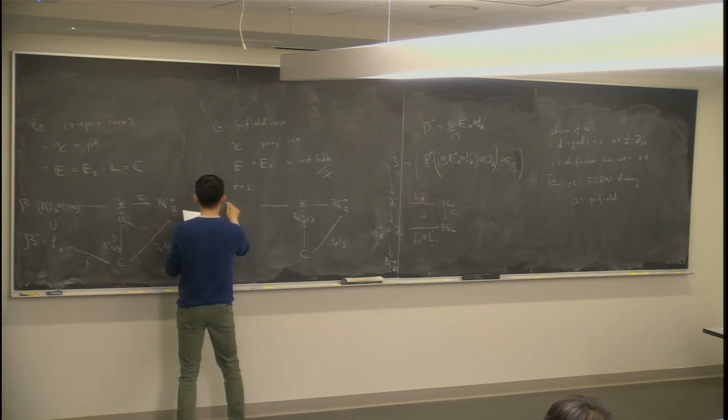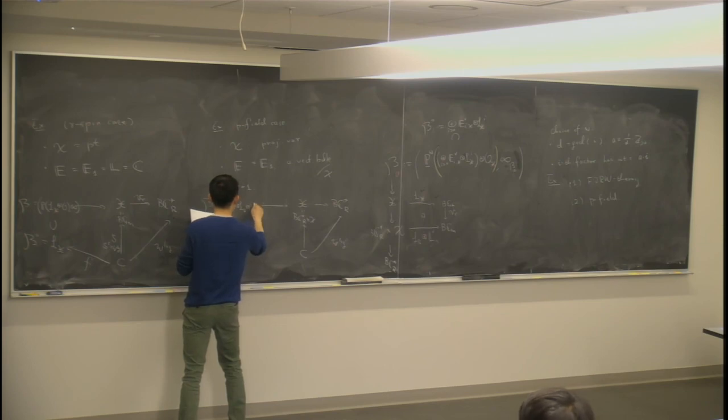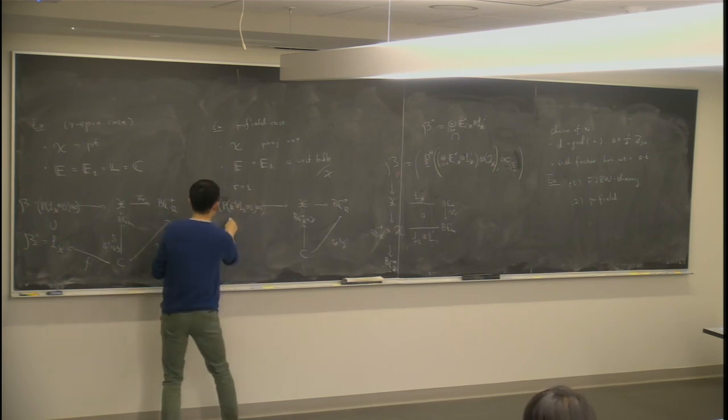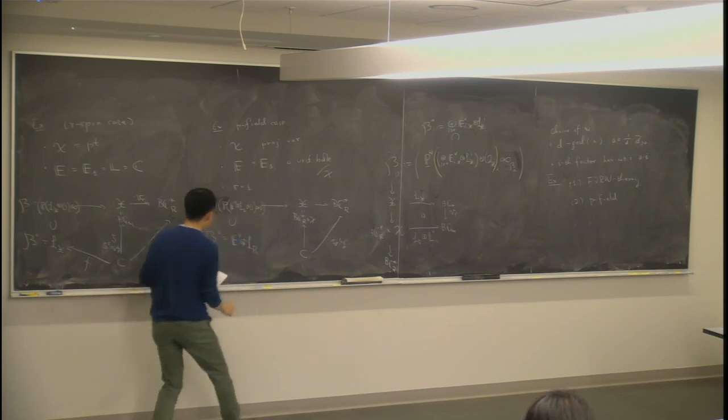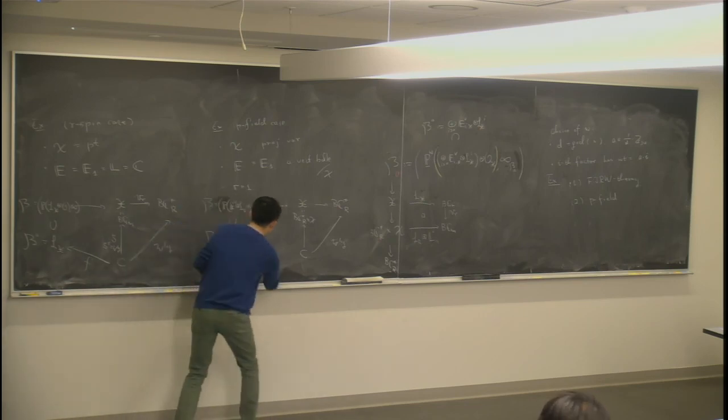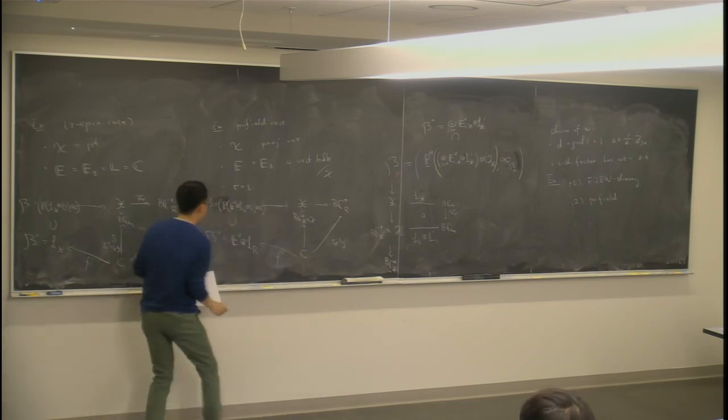And above this, what do I get? I get this one, E dual tensor L_r, with some O infinity. So inside this, my curly P circle is going to this. Now what is an arrow from C to here?